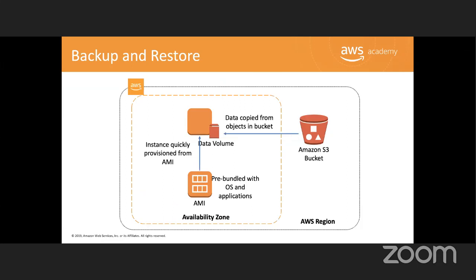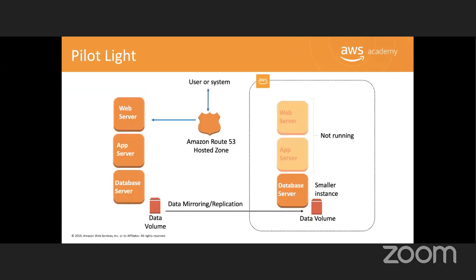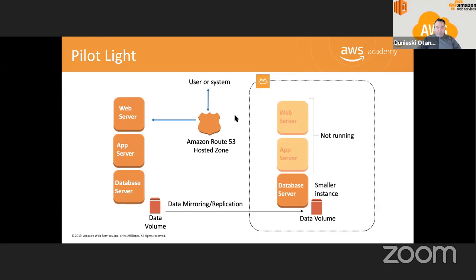Is this for on-premise to cloud services, disaster recovery? Correct. This is on premises, right? This is for hybrid architectures, the pilot light. Okay. This is always on, running here, as well as this one, always running, because the data has to be replicated here.